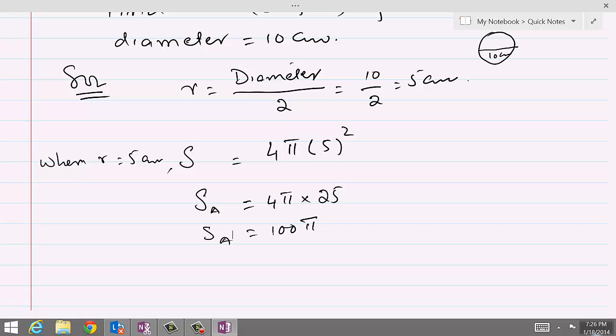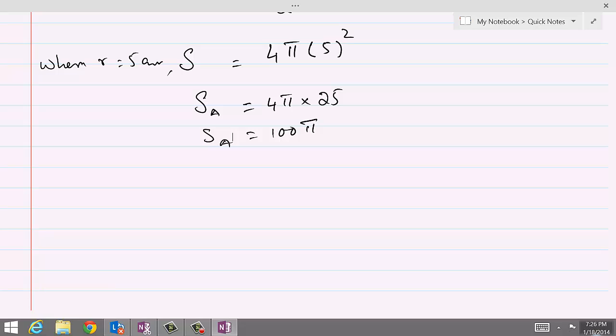And just the last question, we know that there are two different scales to measure temperature. Temperature could be measured in Fahrenheit scale or it could be measured in centigrade scale.